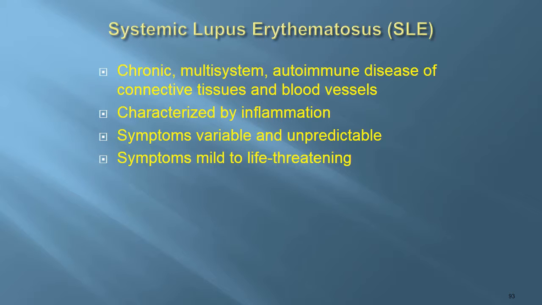Systemic lupus erythematosus, or SLE, is a chronic, multi-system autoimmune disease of the connective tissues and blood vessels. It's characterized by inflammation. As you know, the symptoms are variable and unpredictable. The symptoms may be mild or they may be even life-threatening.